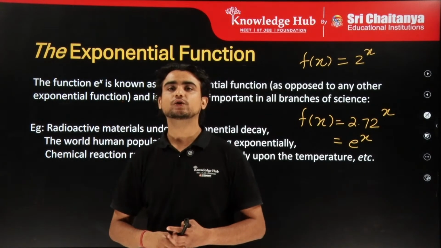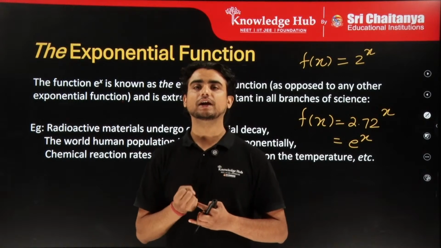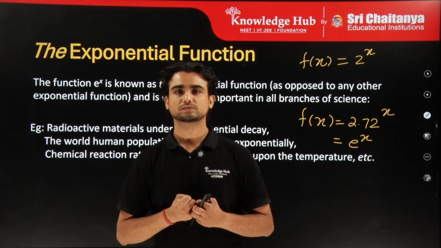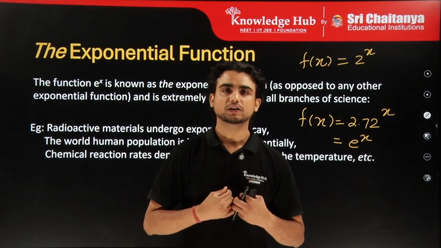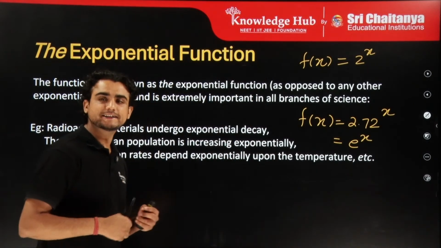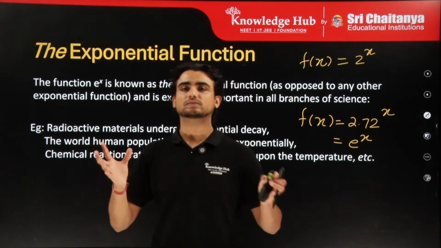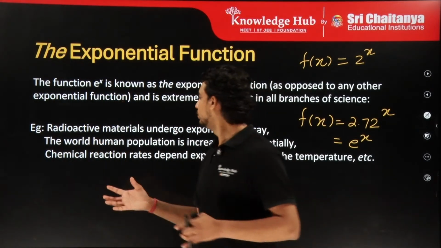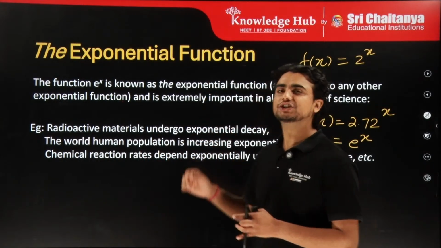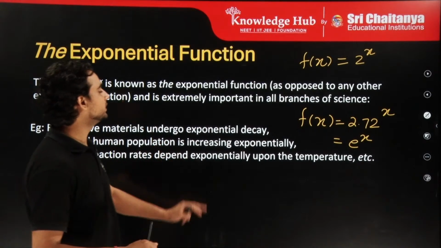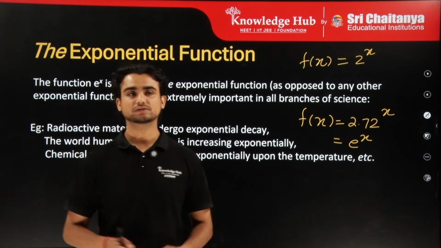Like uranium. Radium is a radioactive substance, right? You cannot go close to it. That is very harmful for our body. Decay means it is basically breaking down, and that breaking down follows an exponential function. The world human population is increasing exponentially.